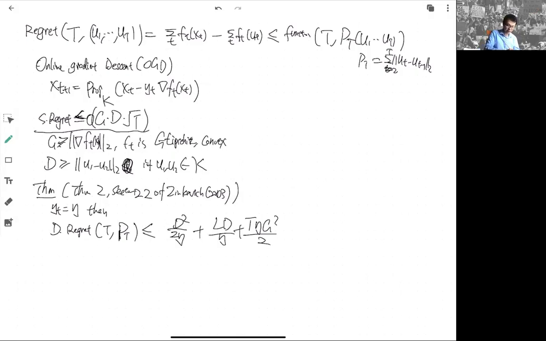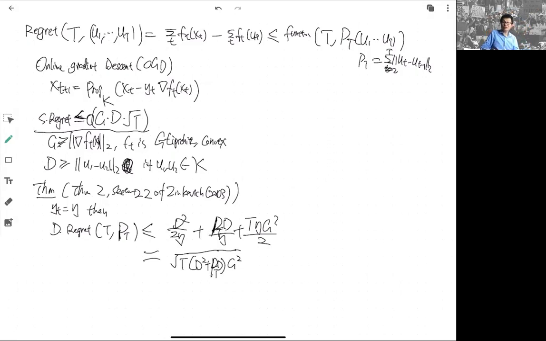If you choose this eta optimally, you can show that this is on the order of square root of T times (D squared plus LD) times G squared, where L is PT.